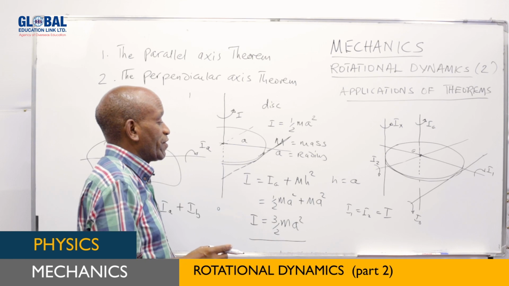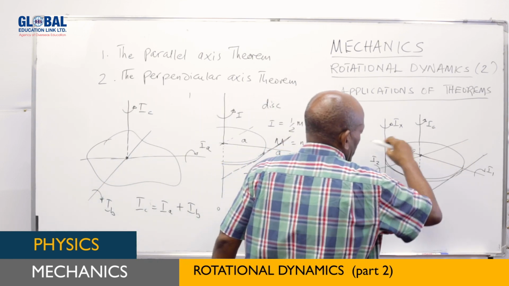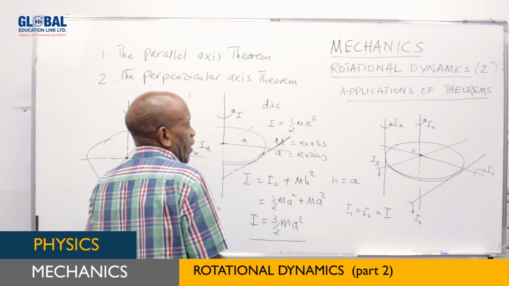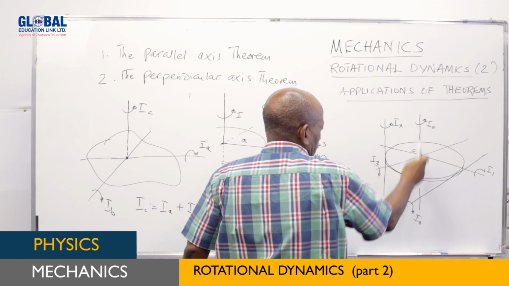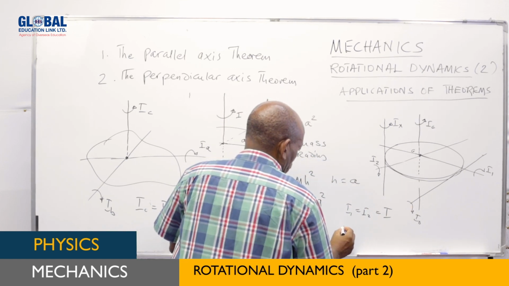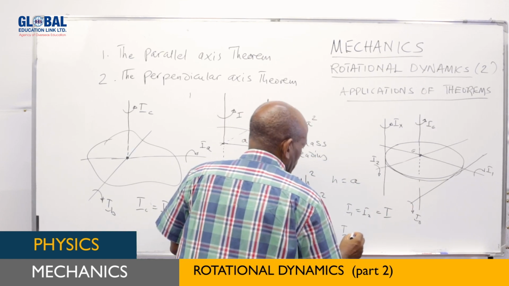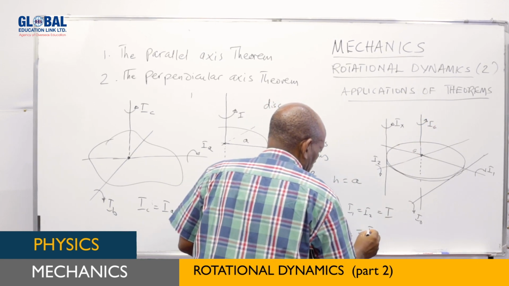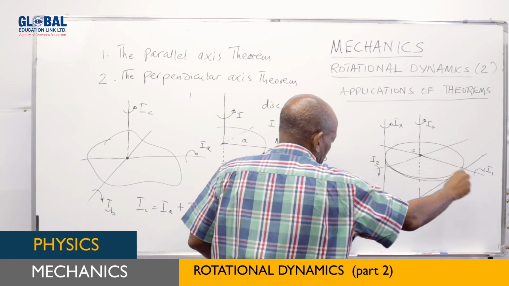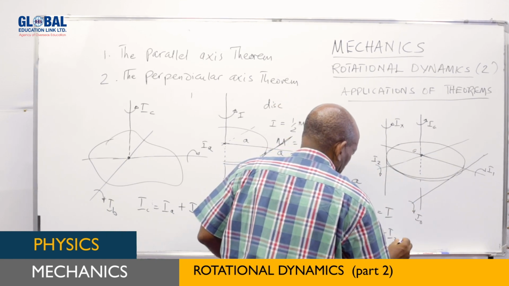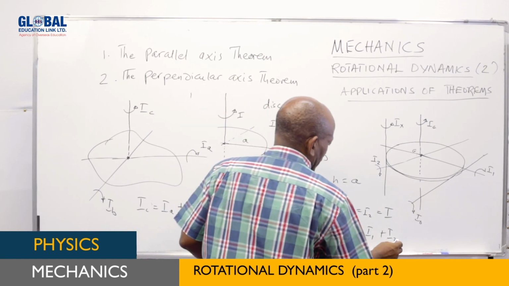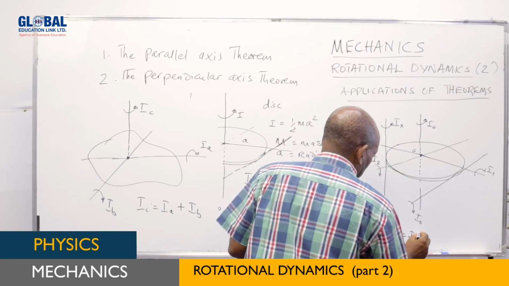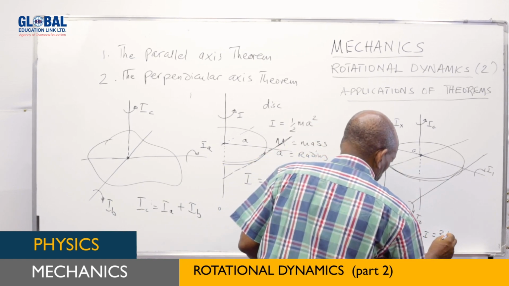Now, to determine that, I'm saying that the moment of inertia of any particular axis passing over the plane will just be the same, so that I1 is equal to I2 is equal to I. If I'm using the perpendicular axis theorem, then the moment of inertia through an axis passing perpendicular to a plane through its center will just be equal to the moment of inertia of that particular axis plus the moment of inertia of the second axis. But I1 and I2 are the same, so this will just be equal to I1 plus I2, which is 2I.